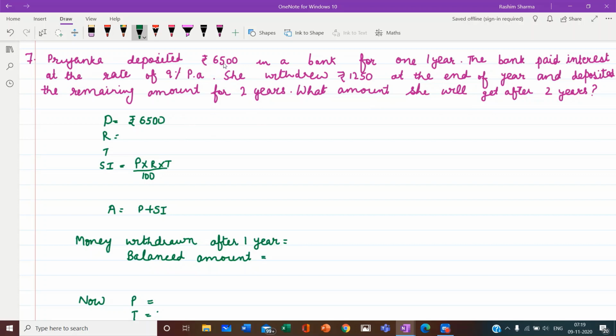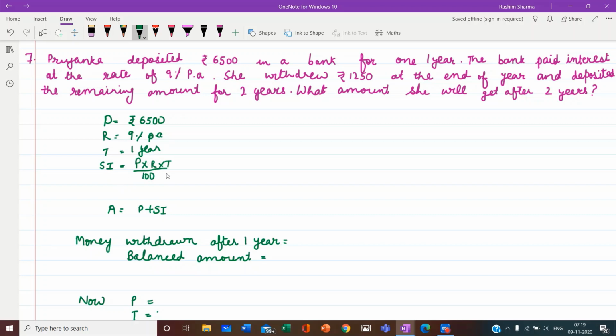Okay, so in the first case we are given principal is rupees 6,500 and it is for 1 year, so time is 1 year, and rate of interest is given as 9% per annum. So principal is rupees 6,500, rate is 9% per annum, time is 1 year.